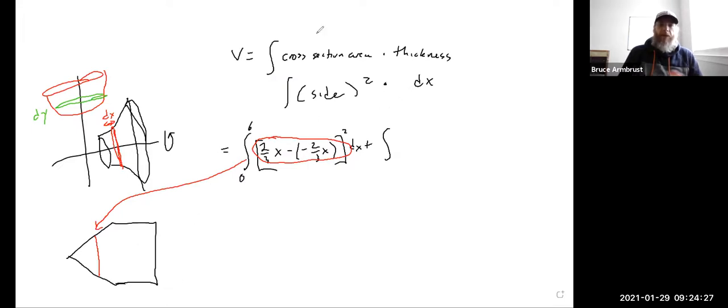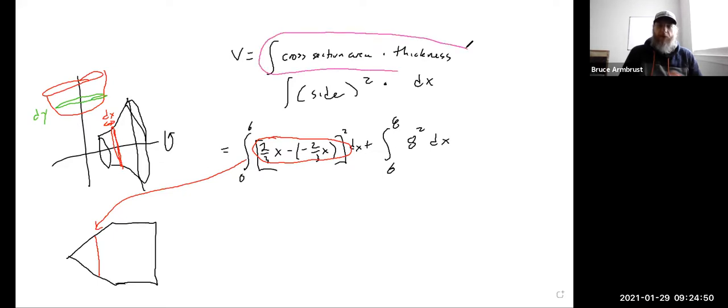All right, so then the next integral is going to go from 6 to 8. Now we're over in this range, and there, the heights are always the same. That side is length 8, so we'll do 8 squared dx.